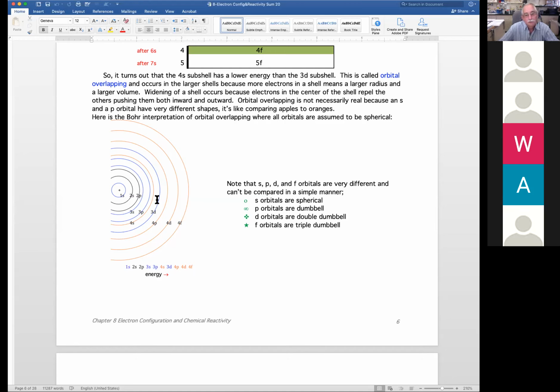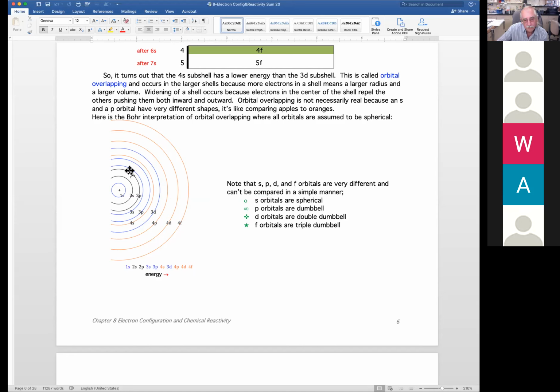So then when I put shell number 4 over here, there's even more subshells, and there's even more spread out because there's more electrons and you have less repulsion between the different subshells. So it just so happens that the 3D is a lower energy than the 4P. And the 4S is a lower energy than the 3D.